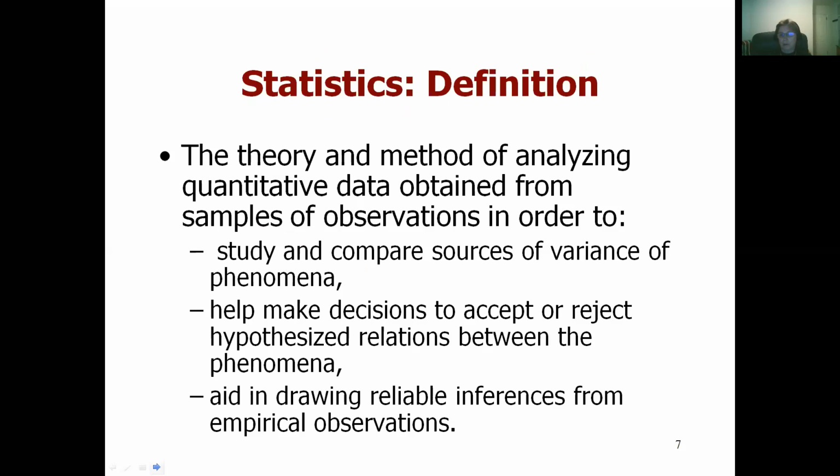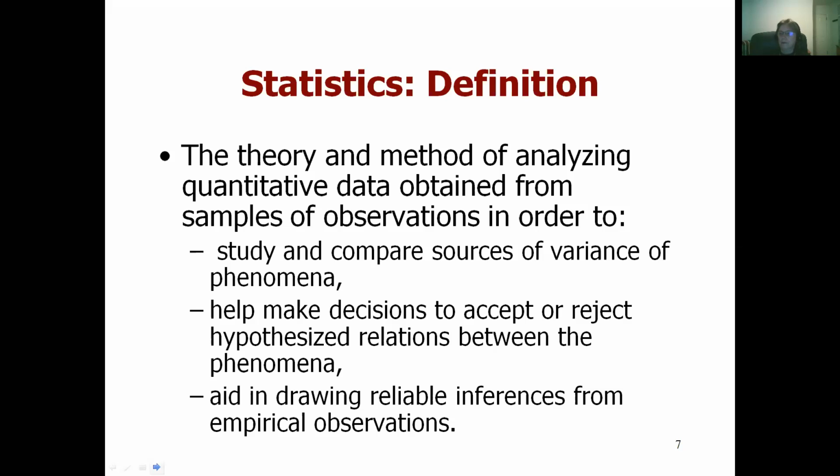All right, so what's the definition? Well, it's quantitative data analysis, right? And the data are usually obtained through samples of observations or surveys or experiments. What we want to know is how our sample relates to the population, what kind of variability or variance, that's a statistical term, there is for this particular phenomenon that you're studying.